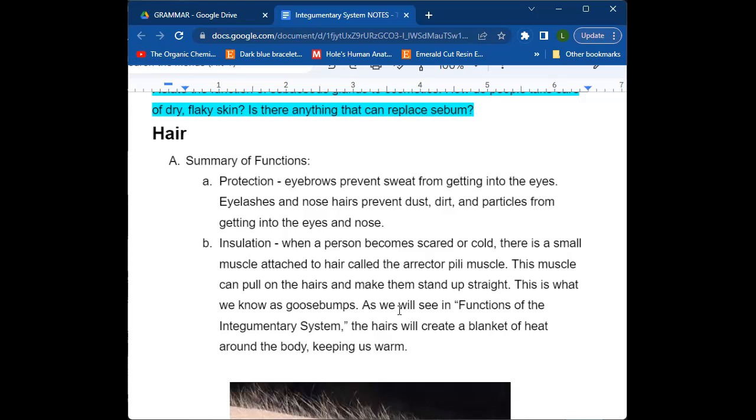Right now for the hair, we need to know that hair is actually meant to help with protection. So for example, eyebrows are meant to prevent sweat from getting down into our eyes. And then eyelashes and nose hairs, we need to know that those are going to prevent things like dust, dirt, pollen, and particles from getting into the eyes and the nose.